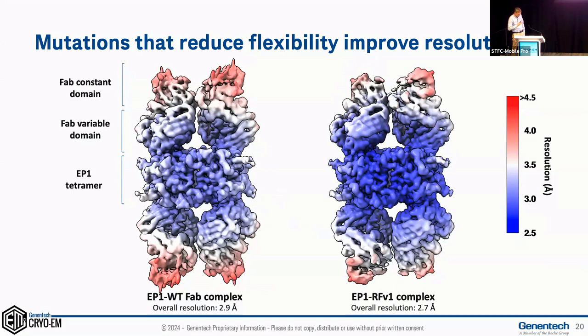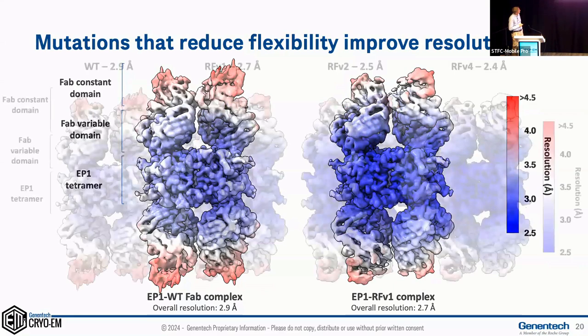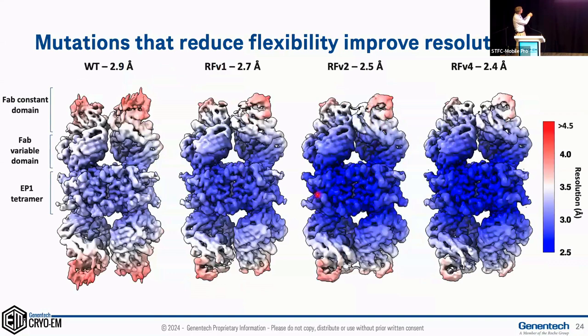But then, as I said, Jennifer iterated through dozens of constructs and eventually found a way to add more mutations on top of the initial ones. From generation to generation of our mutants, we ended up getting better and better resolutions, eventually getting to better than 2.5 angstroms, with somewhat better resolved constant domains, but more importantly, the core of the target was better resolved.